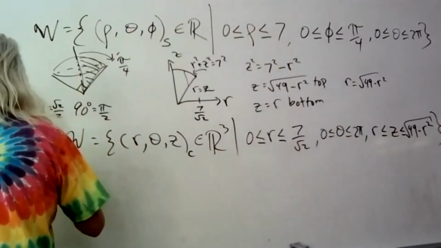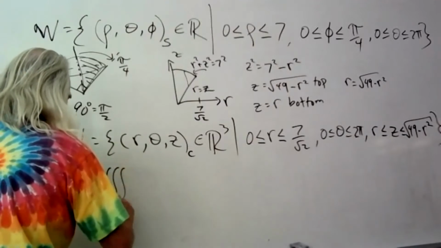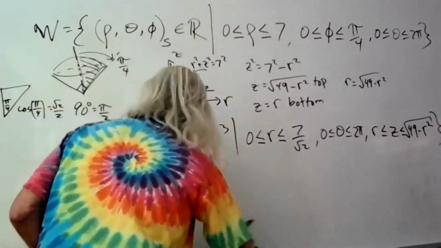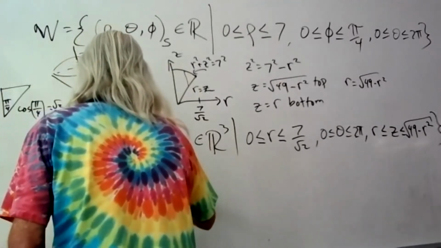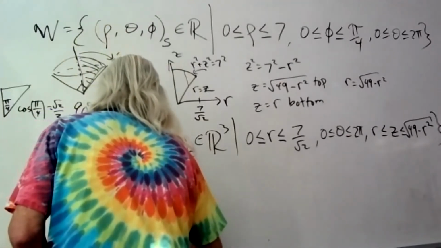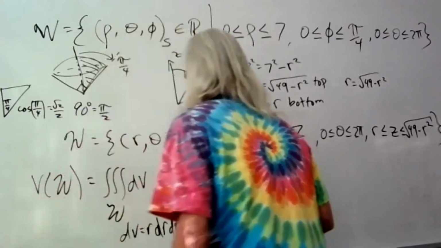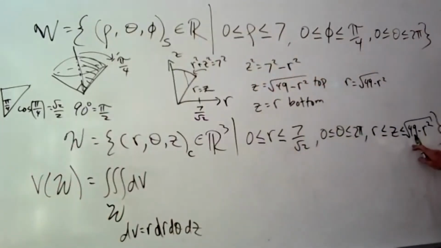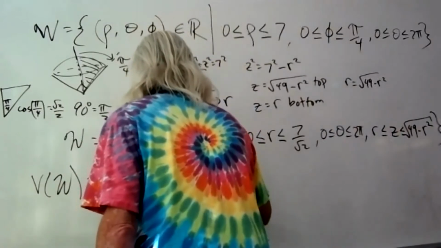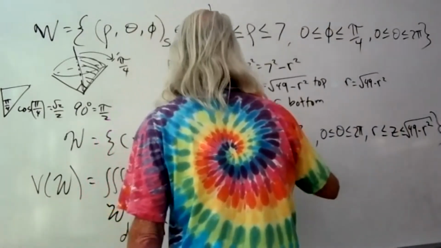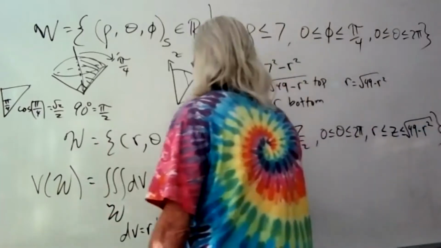So the volume of W is going to be a triple integral over W of dV. And remember that dV is now going to be r dr d theta dz in some order. In fact, I'm going to have to put the z inside, as we see. Let's take care of the easy one. r goes from 0 to 7 over square root of 2.